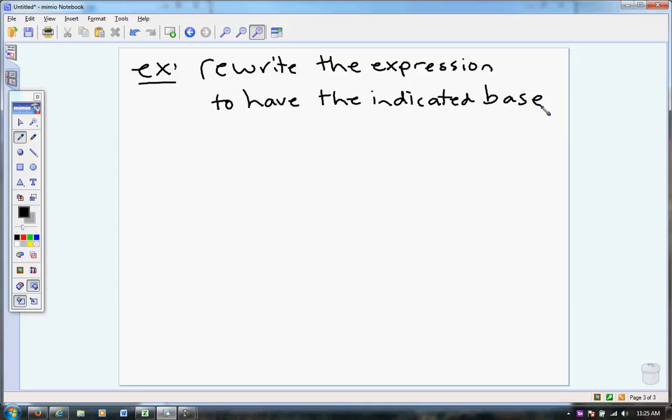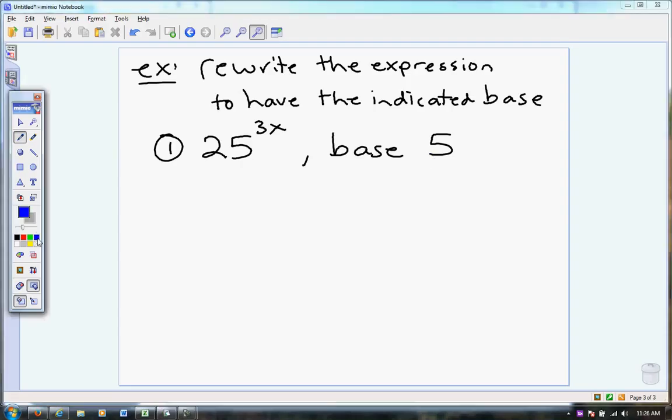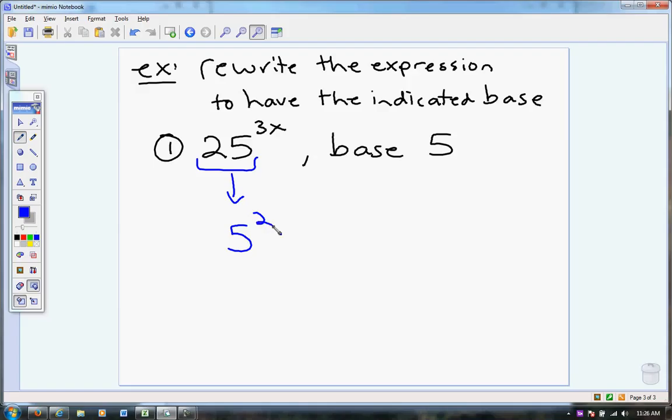Let's say that they gave you 25 to the 3x, and they said to write it with a base of 5. Now, this is pretty easy. How can I write 25 as a power of 5? 5 squared. So I can make this into 5 squared, but the whole thing is to the 3x power.